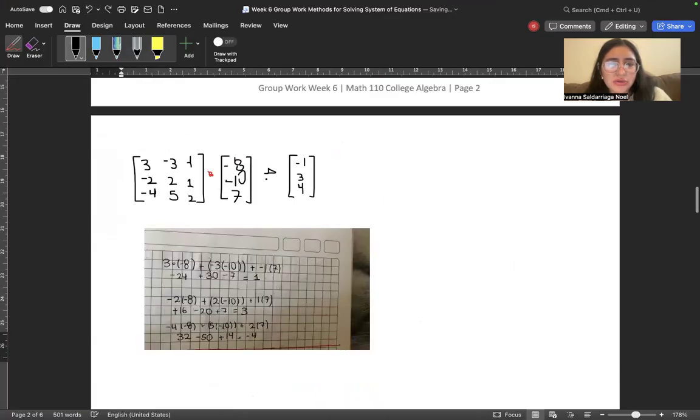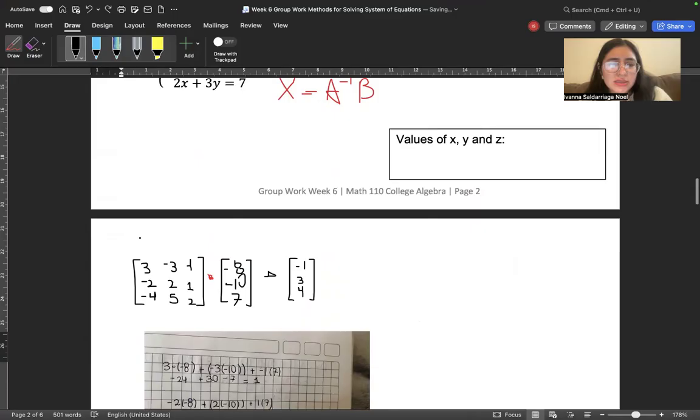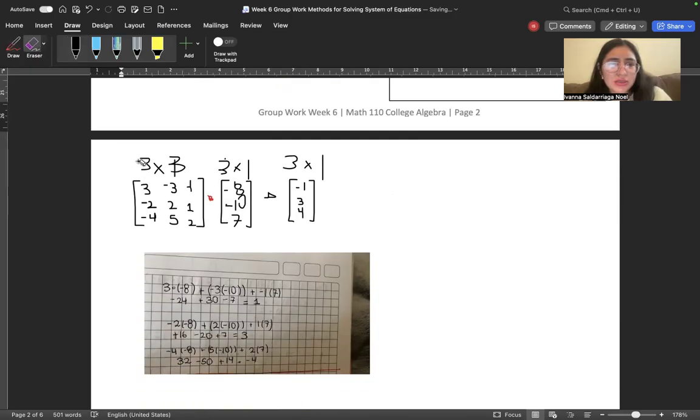So I did it on my notebook, and since this is a 3 by 1, it has the columns here, it's the same number as rows, so it will be a 3 by 1 matrix. So basically I did all the procedure here, and first these numbers multiply with this number.